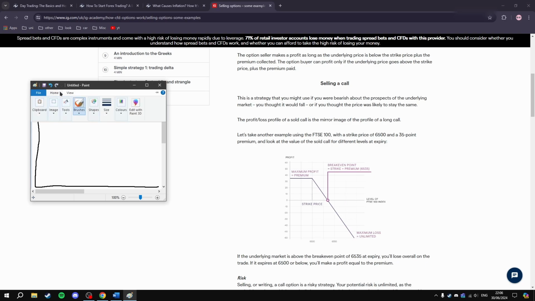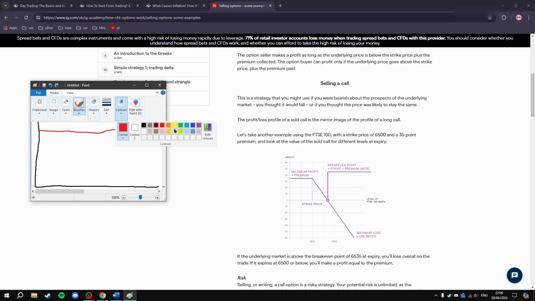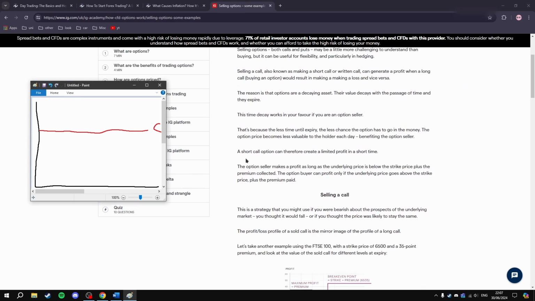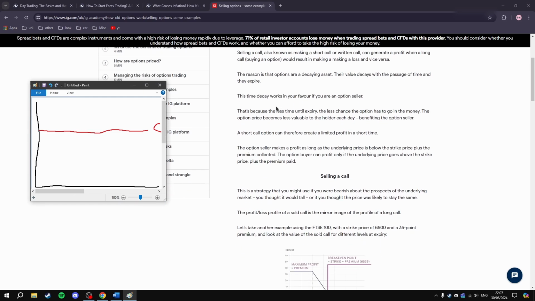We have our graph here. Let's go with red. So let's just say this is the current underlying market price, and then we've got shorting a call option.